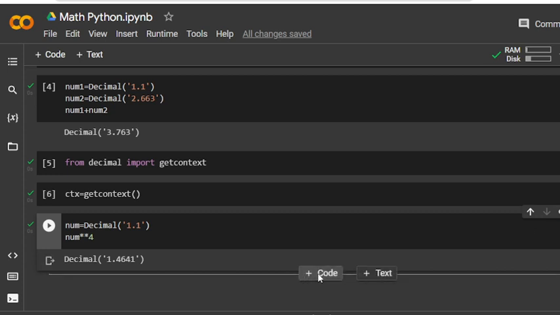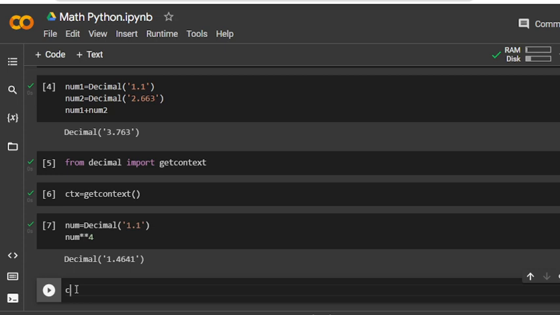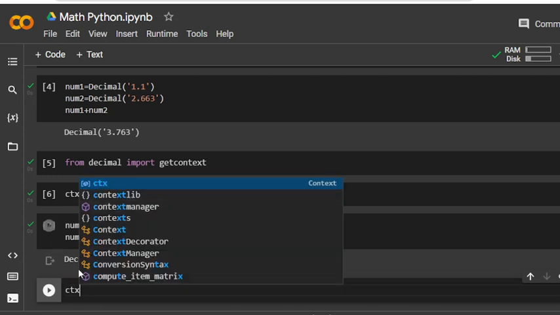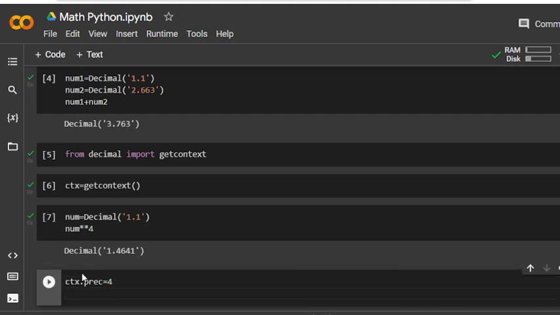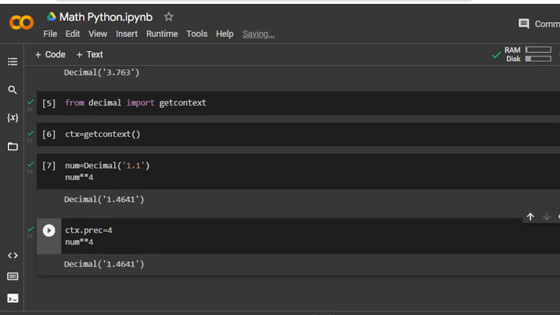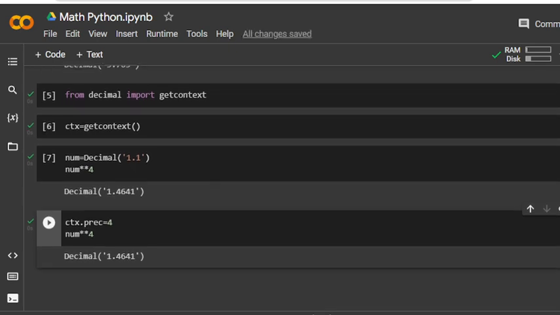But if you write ctx dot prec, to set a new precision, equal to 4, and then num to the power of 4, you can see your output will be like this.